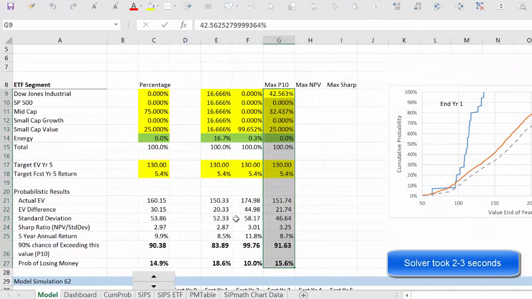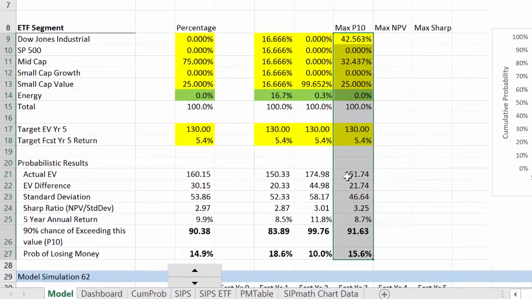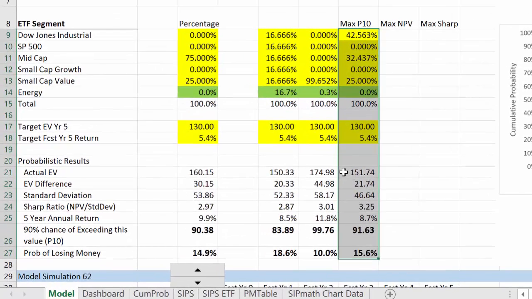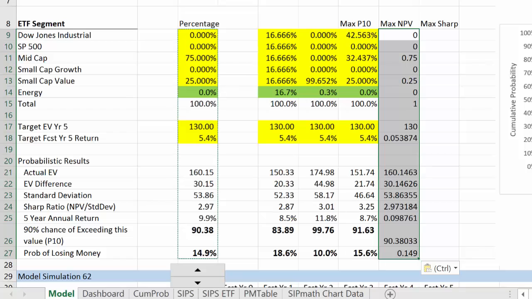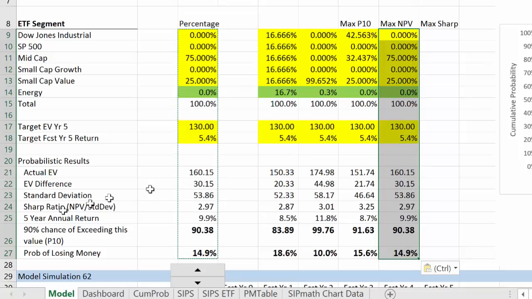Okay. So previously we had an MPV of 151. We're now up to 160, and our P10 has dropped down a little bit, so a little bit more risk by that definition anyway. Let's copy that over to here and see what happened.